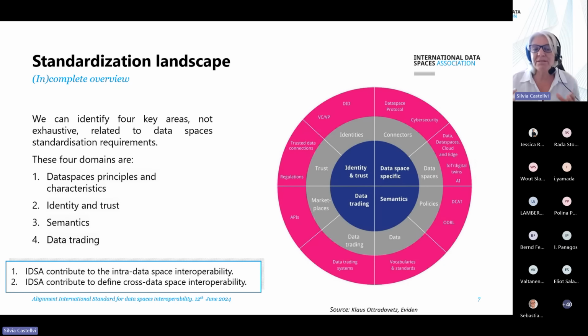One is around data spaces per se, very important to define principles and characteristics. Another one is how to provide trust in data spaces, how to trust the parties, the participants in data spaces, and it is brought by the identity standards. Another one is how to understand each other, the semantics, how to make data interoperable. And the last one is how to monetize, how to add value, how to trade the data. This is also an important part.